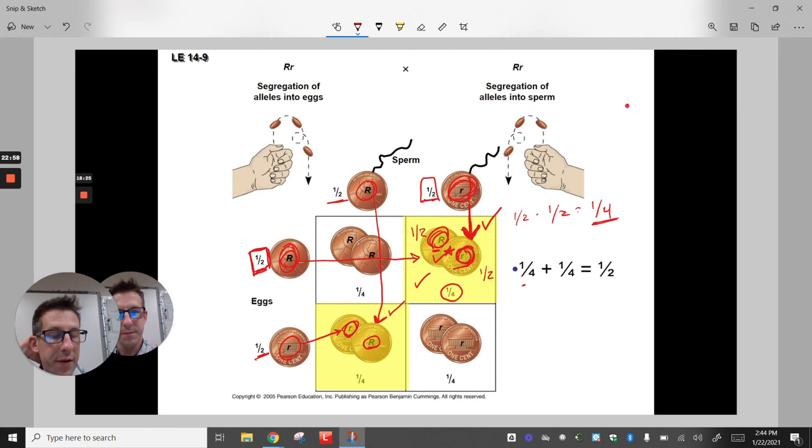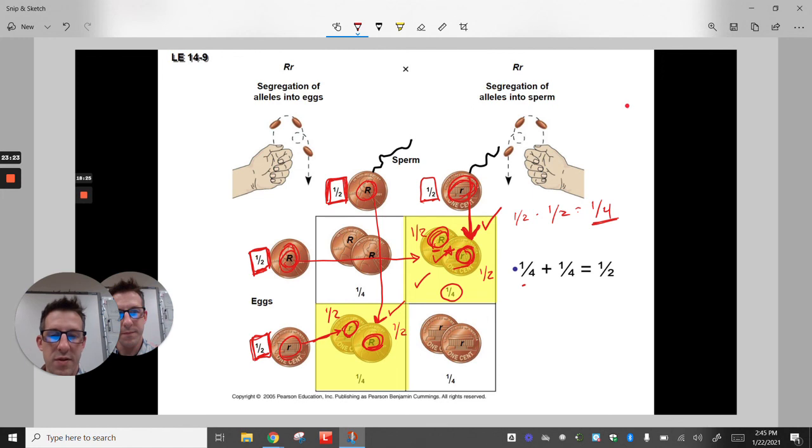So now again, we aren't sure if this sperm is going to have a big R or little r, so we have to put a probability on it. We're going to say the probability of this big R being in that particular sperm is 1 in 2. So there's a 1 in 2 chance that this big R is put into that baby, and a 1 in 2 chance that this little r is put into that baby right here.